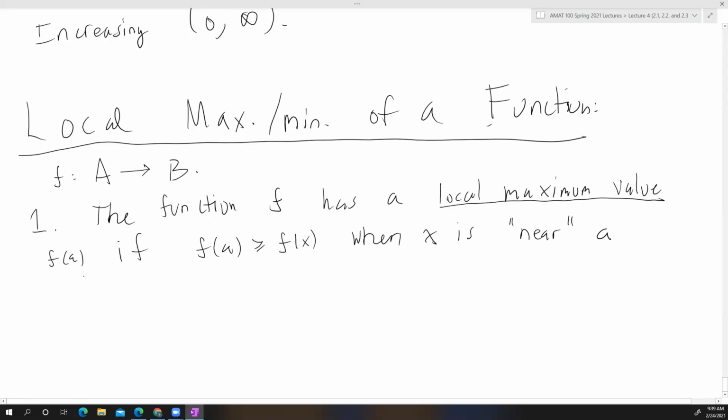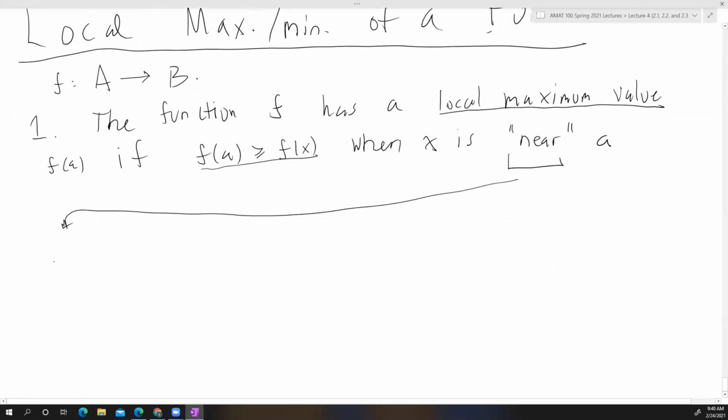So if you find a value of a such that f of a satisfies this inequality, then by definition f of a is a local maximum value. And what do we mean by near? That's pretty simple. It's not too bad.